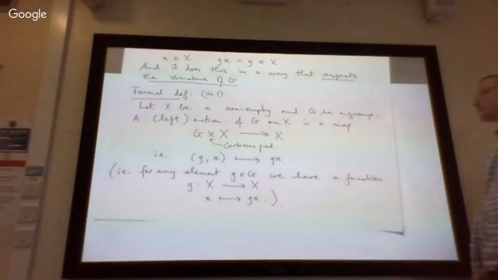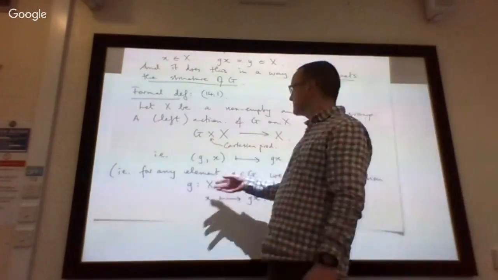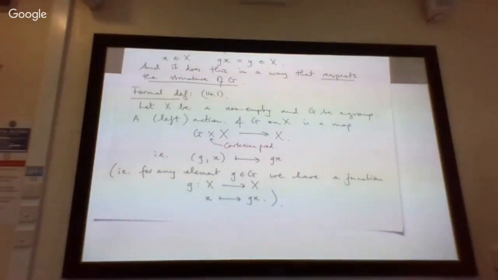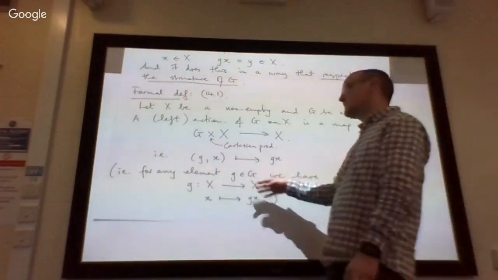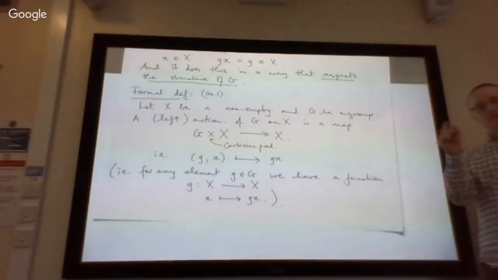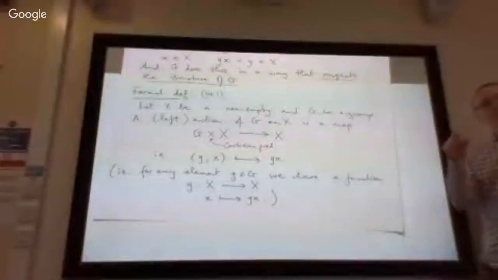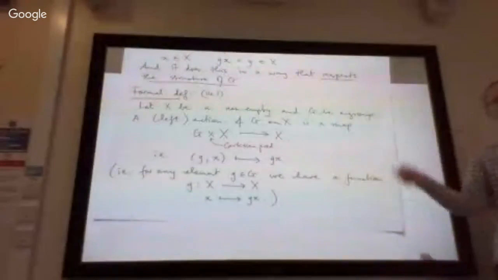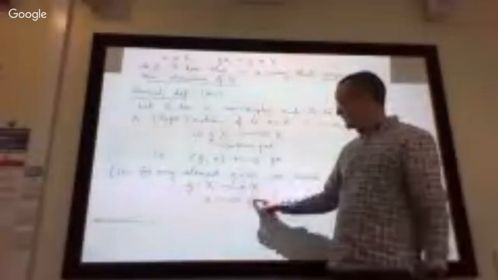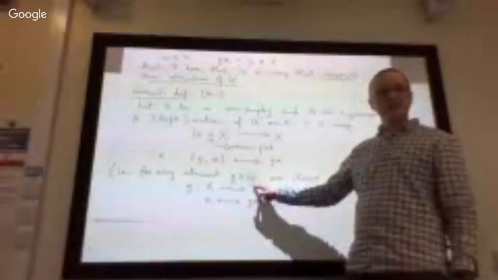Okay, and that's the way I prefer. This direct product construction is maybe a little bit artificial. This way is maybe the way you think about it mostly. So every element of the group represents a function of the set to itself. It moves the elements of the set around. You give the group element a little x, and it gives you another element of the set X.